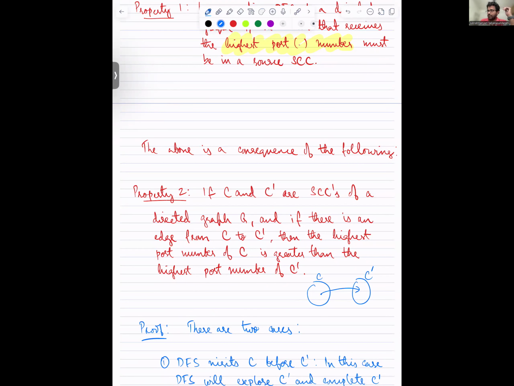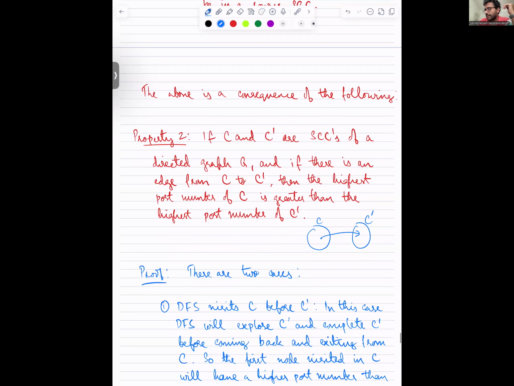It's not that difficult to see why this is the case, right? Suppose you start the exploration somewhere. At some point, you will discover one of these two strongly connected components, C or C prime. Suppose you discover C before C prime.